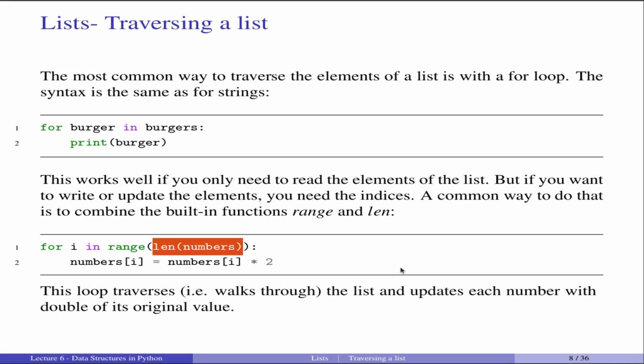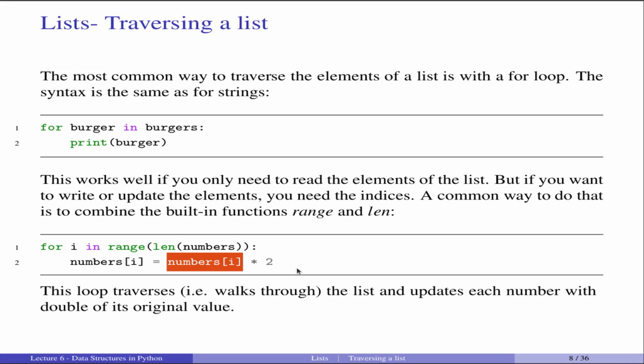Since we specify 2 here, it will generate the numbers right before 2, so it will generate 0 and 1. And each time, for i which has the value 0 and 1, we are updating the numbers i indexed value to numbers i multiplied by 2.